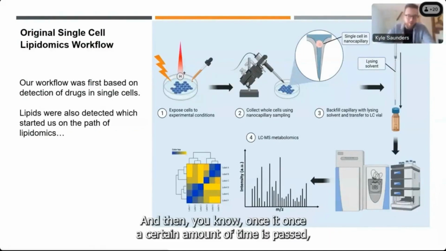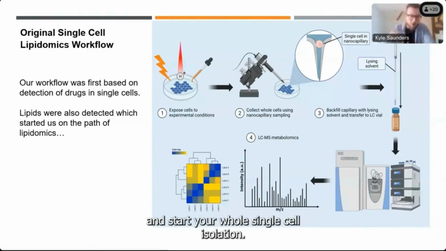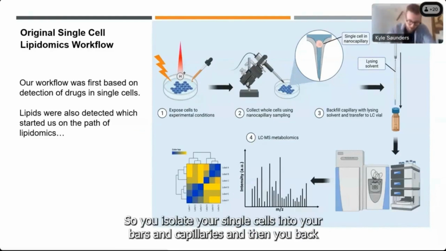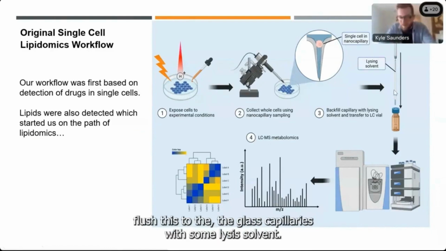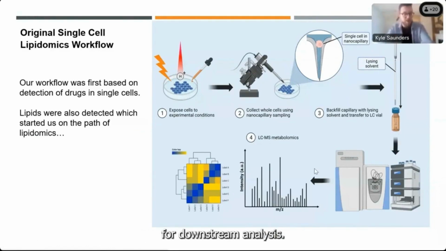And then, once a certain amount of time has passed, you can take those cells out of the incubator and start your whole single cell isolation. So this applies to the SS2000 as well. So you isolate your single cells into your glass nanocapillaries, and then you backflush the glass capillaries with some lysis solvent, and then we personally just push the sample into LCMS vials for our downstream analysis.